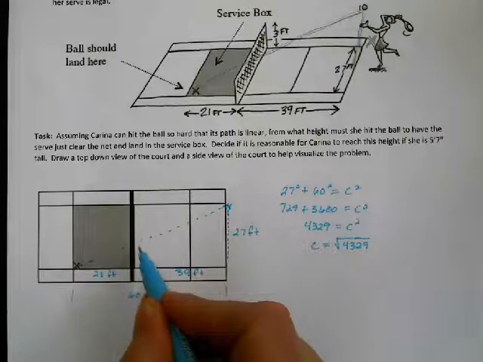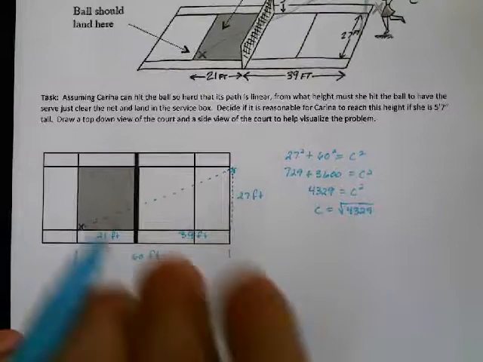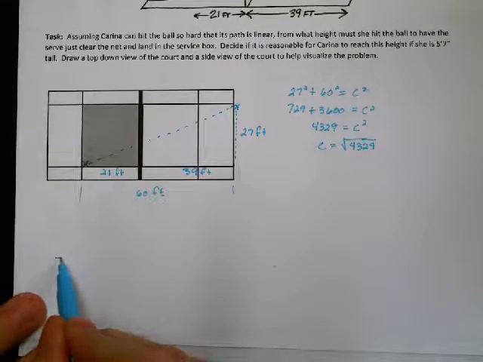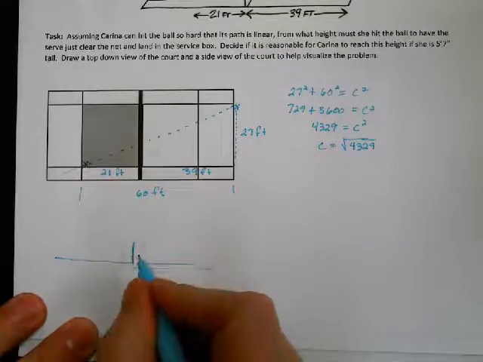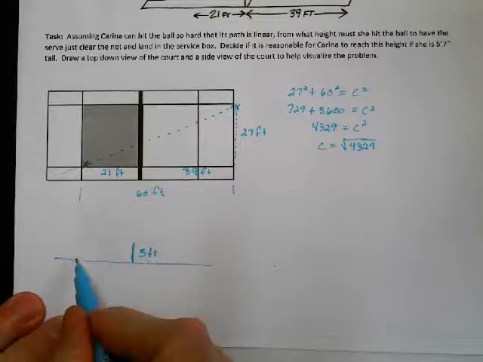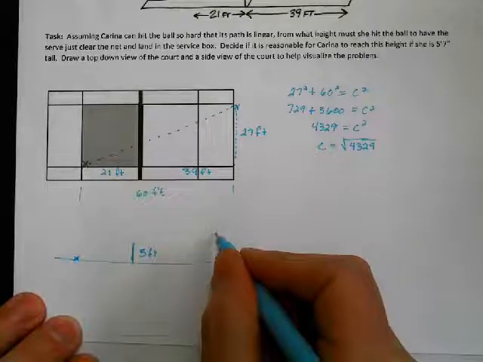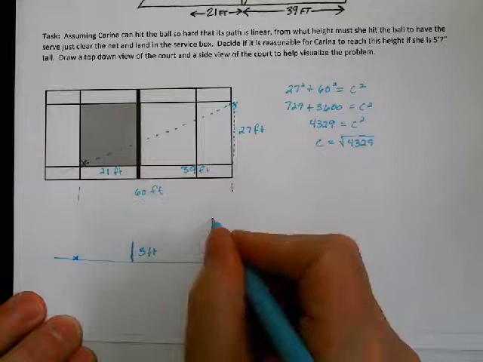Now what we need to do is flip it to a side view, because that was the view looking down on it. So here's the court, here's the net in the middle, a 3-foot net. Let's say she's trying to hit the ball right here, and then she's back here. This is the height that the ball needs to be.